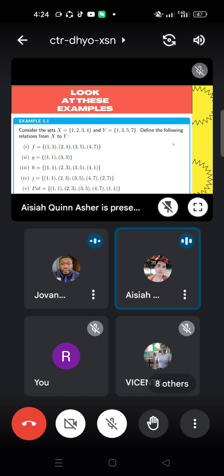That is an example, sir, from the book and the online PDF you sent. Okay, so take the duplicate 1, 1 out. So 1, 2, 3, 4. What is the range? The range there, sir, is 1, 3, 5, and 7. Okay, so remove it.